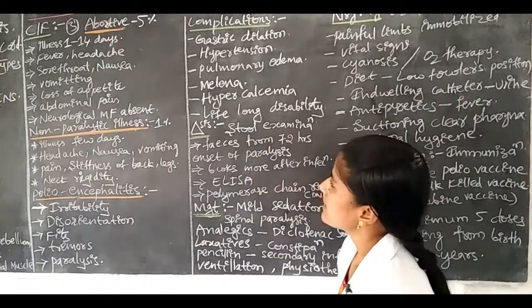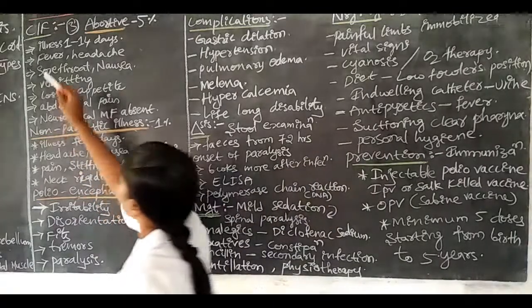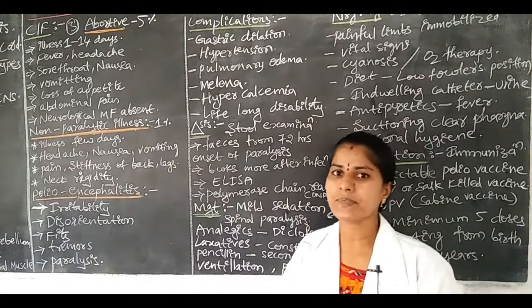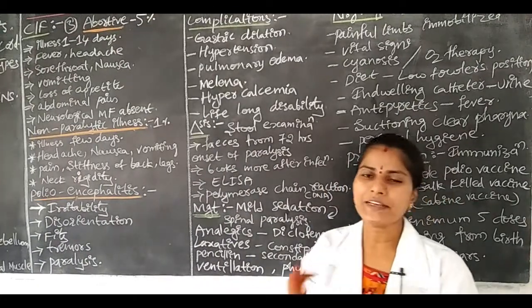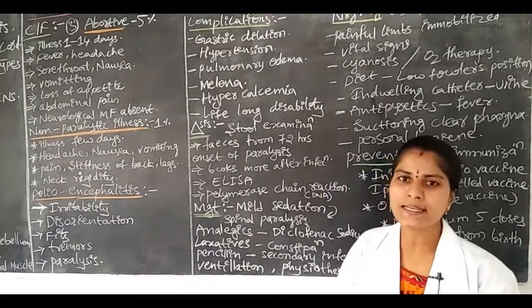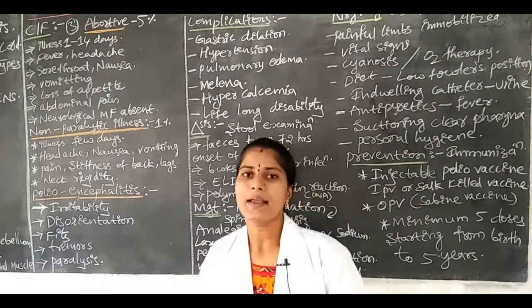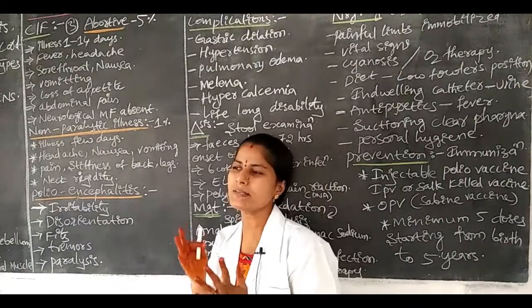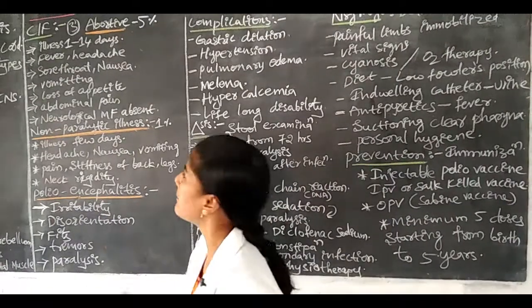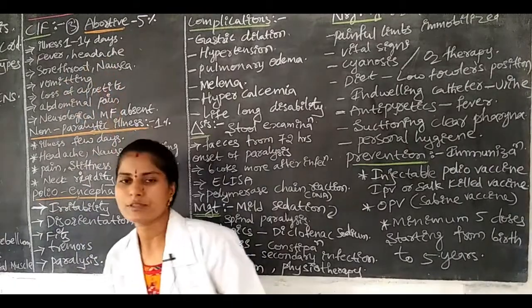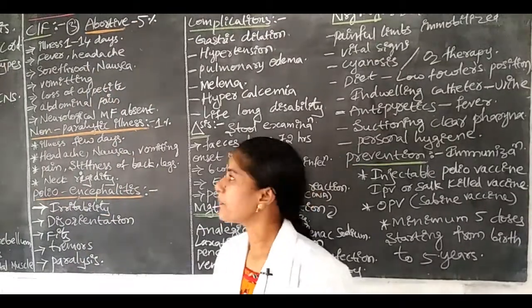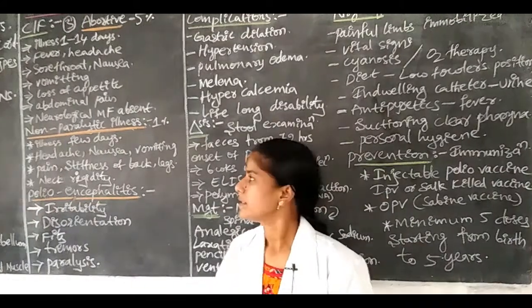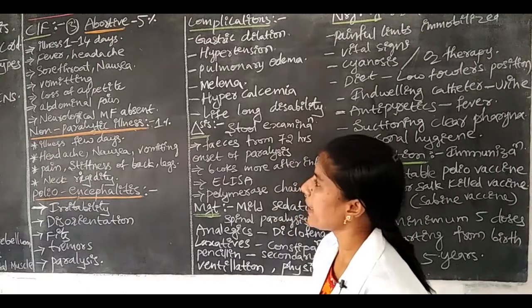In this phase the children affected by poliomyelitis have an illness lasting 1 to 14 days. The common symptoms, as in any disease condition, are fever, headache, sore throat, nausea, vomiting, loss of appetite or anorexia, and abdominal pain.